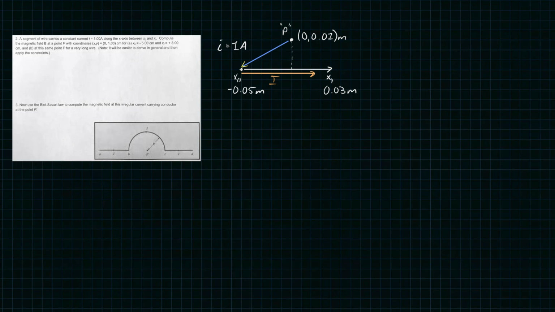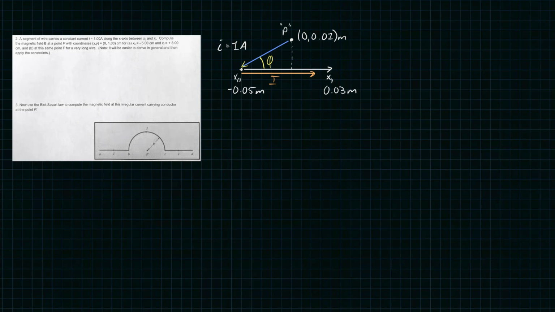If you drew them tip to tail, it would be here and here. So your angle phi would be here. And I guess it would work the same if you drew it the other way as well. Yeah, it works out either way. So that's equivalent to this angle here.